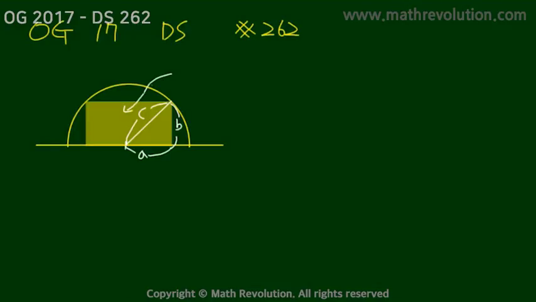Now first, this shaded area here is the truck. And according to the Pythagorean theorem, we know that a squared plus b squared is equal to c squared.